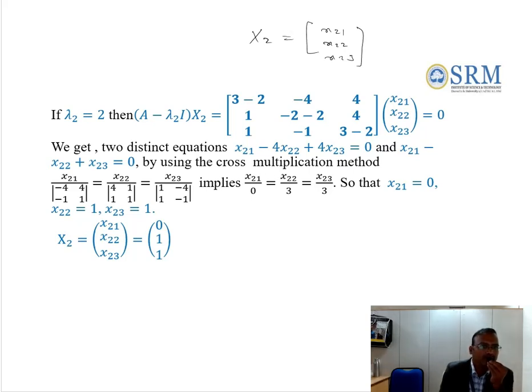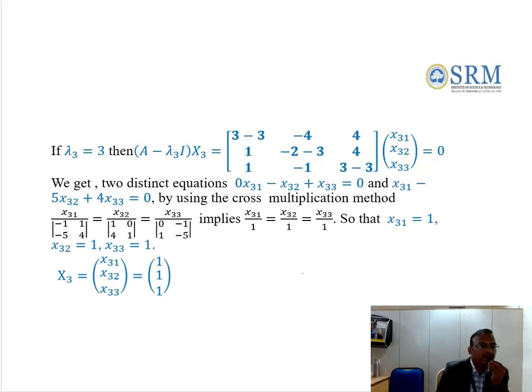Again, by using cross multiplication, we are getting x21 by 0, x22 by 3, and x23 by 3. So x21 equal to 0, x22 equal to 3, and x23 equal to 3. There is a common factor. After removing it, we get x21 equal to 0, x22 equal to 1, and x23 equal to 1. Therefore this is the second eigenvector corresponding to lambda 2 equal to 2.